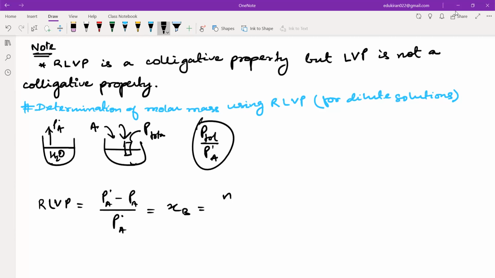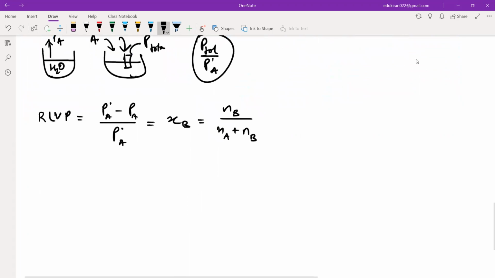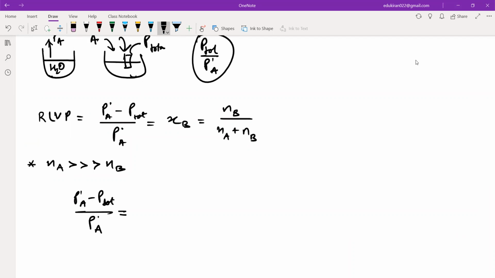Chi B is equal to number of moles of B upon number of moles of A plus number of moles of B. Now, since we have a dilute solution, the number of moles of A is very, very much higher than the number of moles of B. Then we can write P naught A minus P total upon P naught A, my bad, will be equal to, now we can neglect the B part from the denominator, NB upon NA.